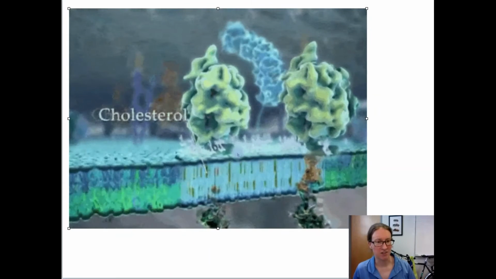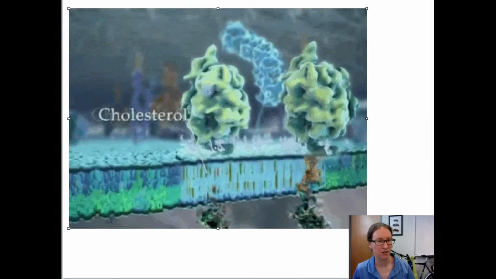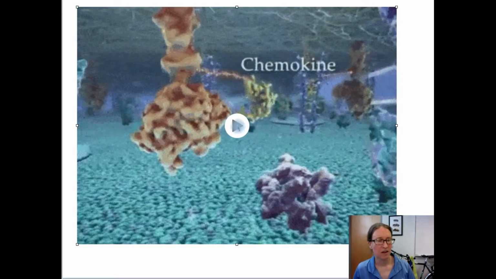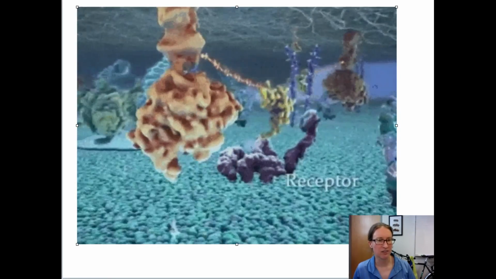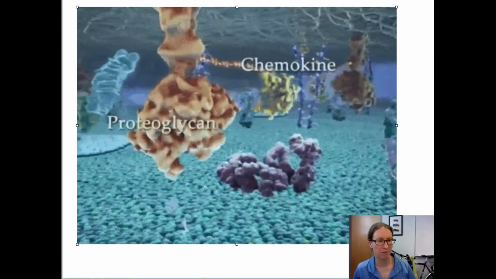And then here's one of these lipid rafts, and you can also see some globular proteins. Some of them are transmembrane proteins, so spanning the entire membrane here. Here's an example of two proteins interacting on the surface of a membrane.